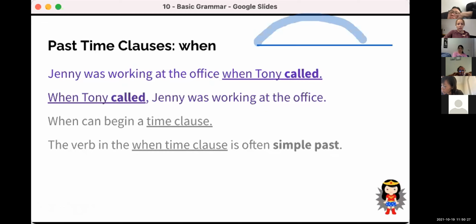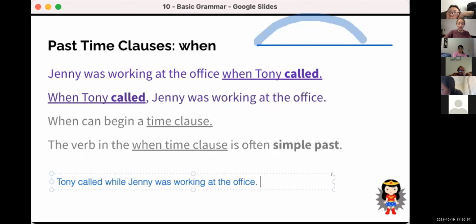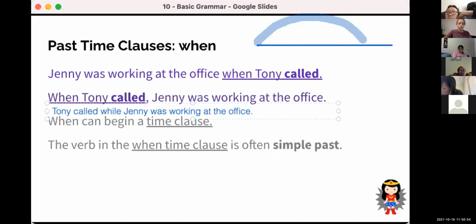So let's look at this sentence here. When Tony called, Jenny was working at the office. We can change the sentence a little bit and have the same meaning. Tony called while Jenny was working at the office. This sentence uses the same information and the same verbs, but here we've moved our time clause, our words with when and while.